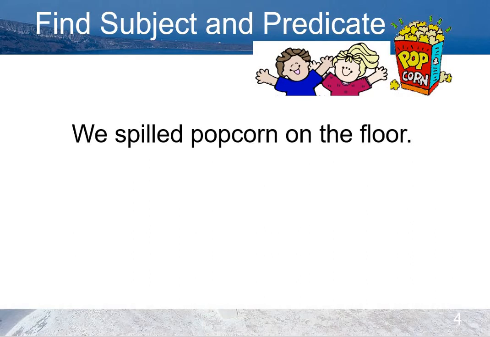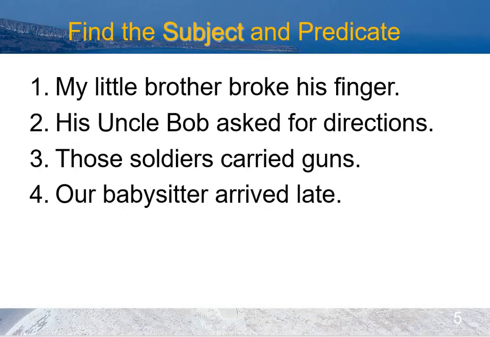If we talk in terms of subject and predicate, we is subject, spilled popcorn on the floor is predicate. Remember, just find out the subject and the rest of the sentence is predicate.